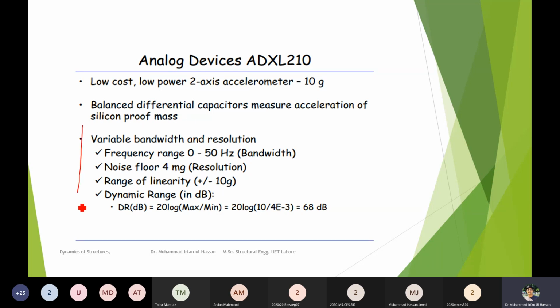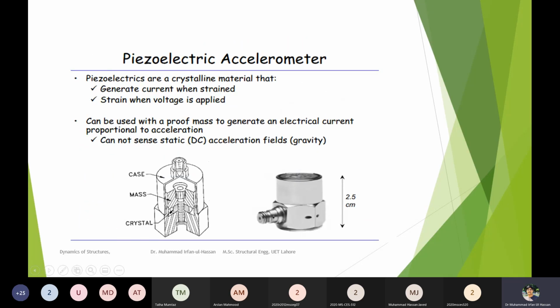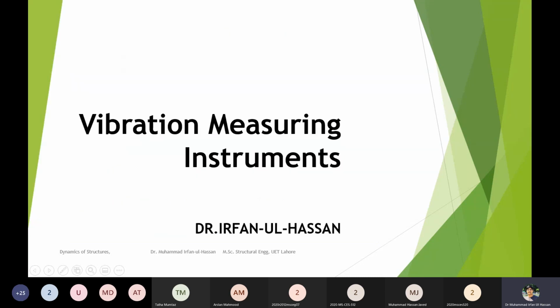So we have to see that, because equipment that measures machine vibration will not be able to measure building vibration. The sensitivity should lie within that range. We should know the natural frequency of the building and the value in which we are interested, because the machine frequency is quite high, but the building's is very small. Therefore, based on these, we can select the accurate instrument which can be used to measure the vibrations of the building.